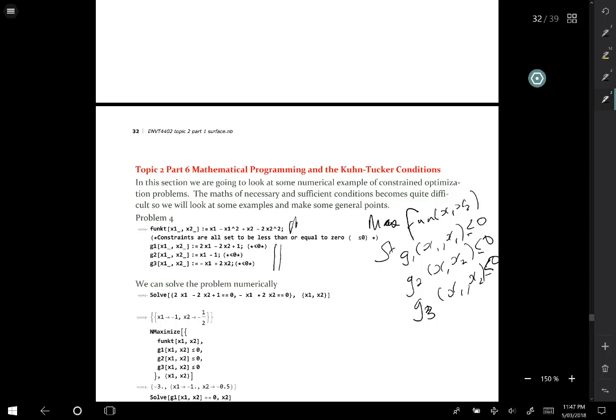So this is how these functions are written in Mathematica.